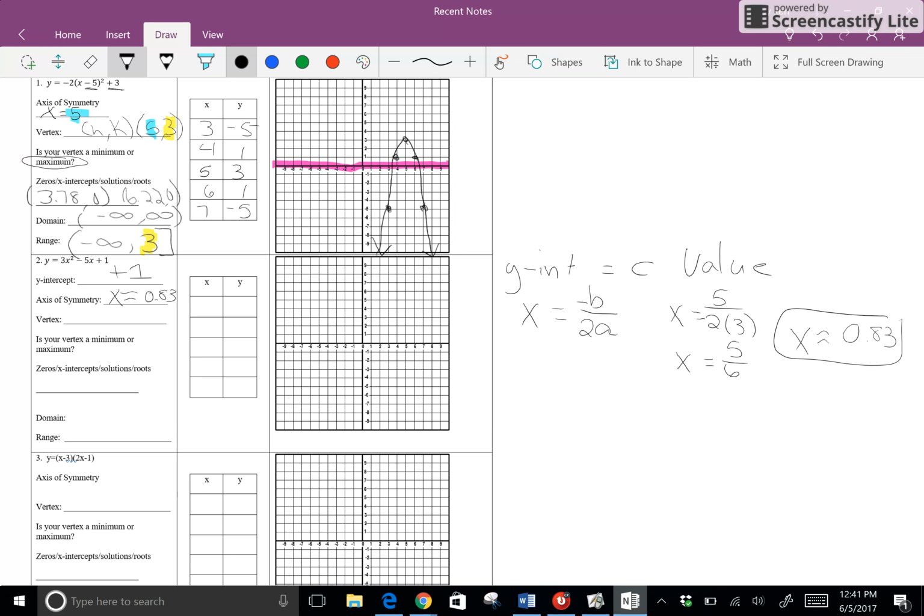Now, from that point, to find the vertex, you already found your x value. Remember, it's really the same thing as number 1. Your axis of symmetry is your x value always for your vertex. Now, what you're going to do to find the y is you have to plug it in.